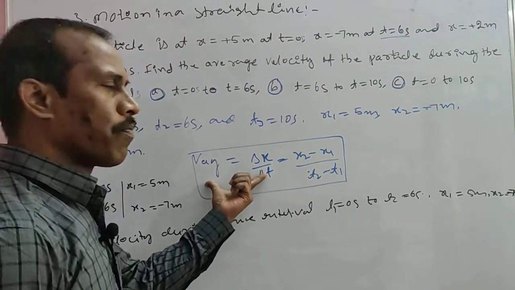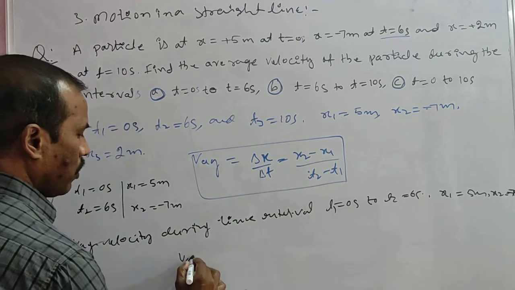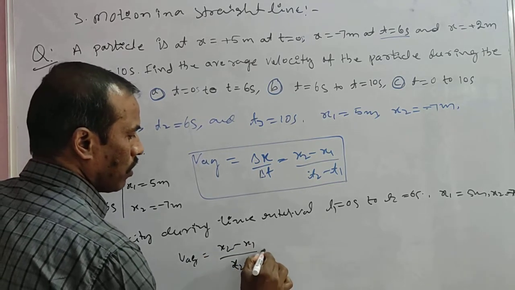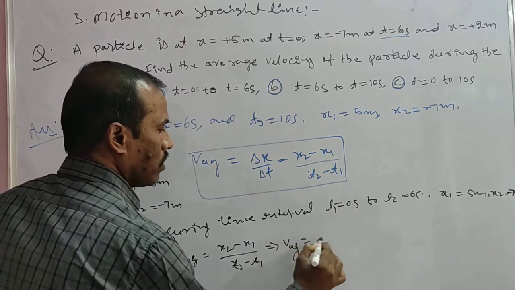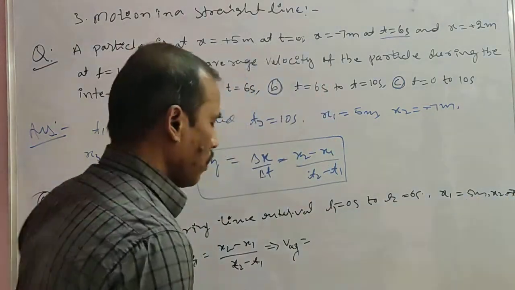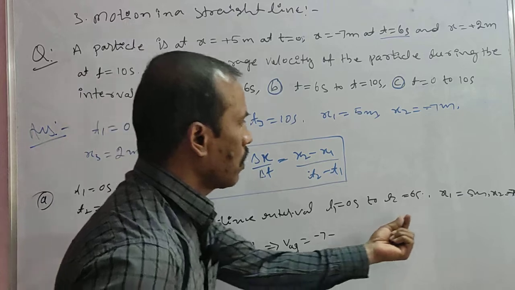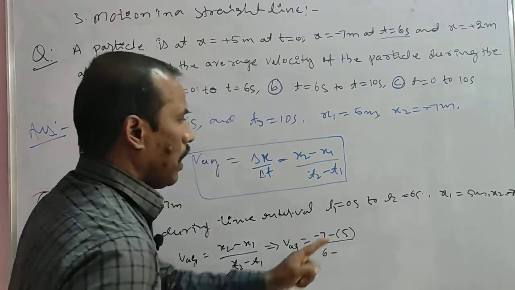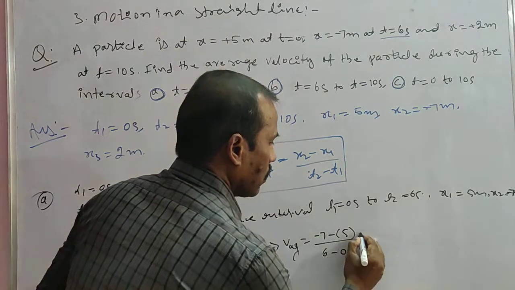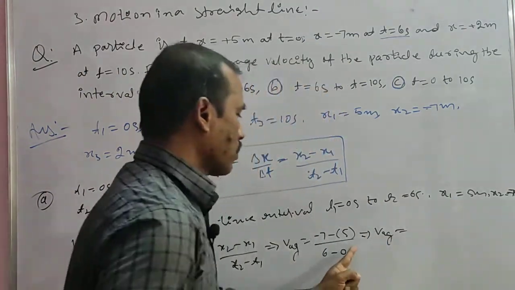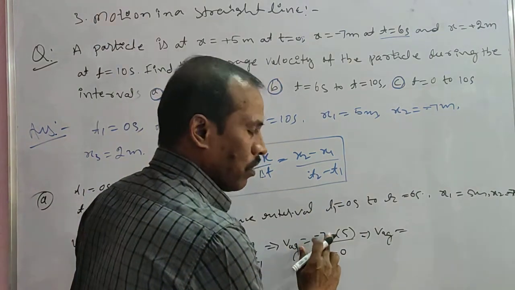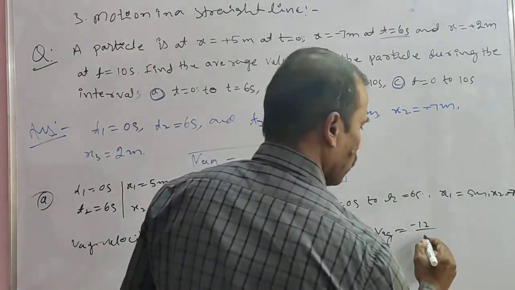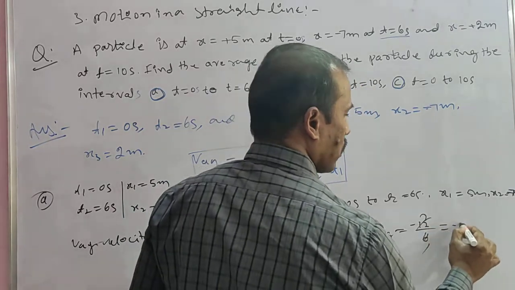Substituting the values, average velocity = (x2 − x1)/(t2 − t1) = (−7 − 5)/(6 − 0) = −12/6 = −2.